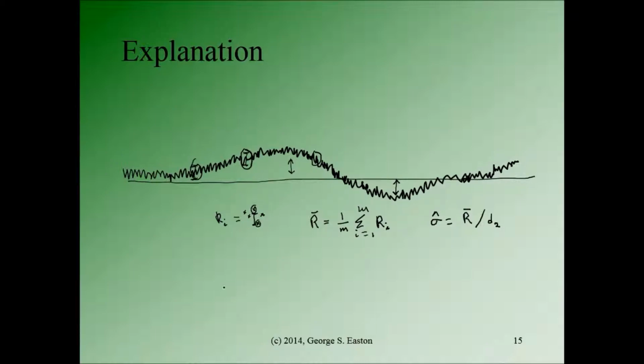Now, had you used the sample standard deviation, it is, of course, the square root of the sample variance. And the sample variance is 1 over n minus 1 times a sum that is based on the deviation of each point from the overall average, squared.